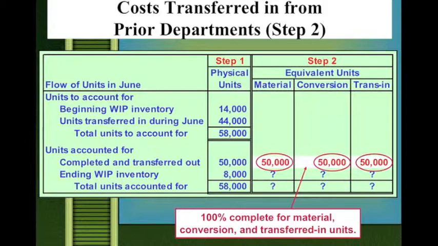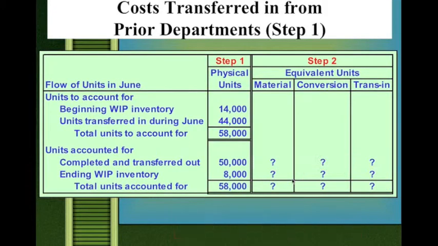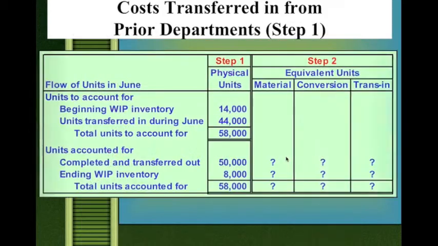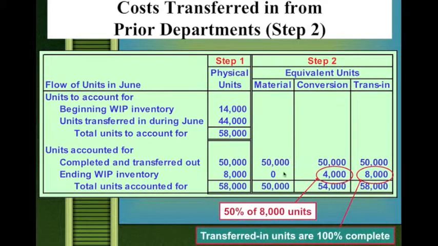Looking at our 100% completion here, 50,000, and ending WIP, we see that material was 100% complete. Or let's see, actually I think material was 0% complete. Sorry about that. So material was 0% complete. That's why we have 0 here. And we have 50% of the conversion for the WIP and 100% for the transferred out units are complete.